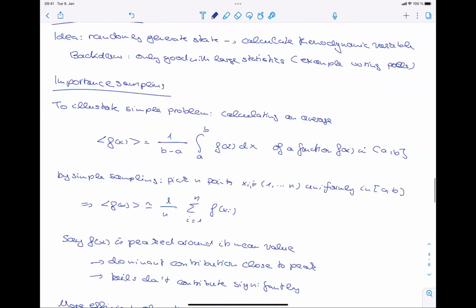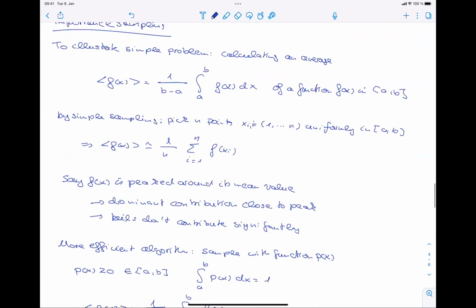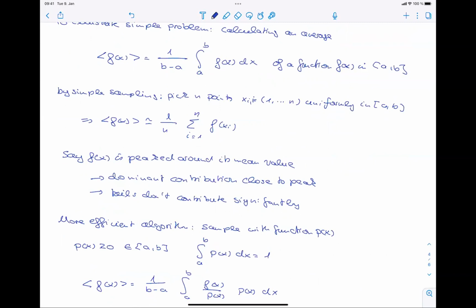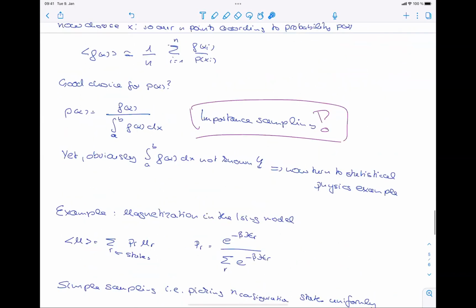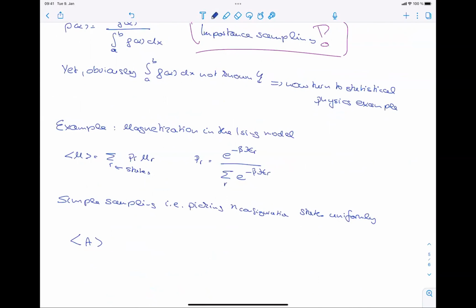Now we calculate the average of a function A. We would just uniformly sample over all states and just sum over the values of these states. So this would then be given by summing over all the states of a configuration, calculating the property A_R at the state, and here we have then summing over e to the minus beta H_R, the normalization.